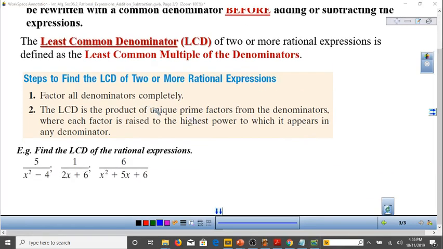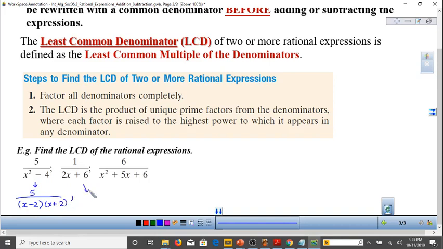To find the least common multiple of the denominators, we factor all the denominators, and then we find the products of the common factors. So let's see how we would do that. Before finding the LCD, we'll rewrite each expression in factored form. The first expression is 5 over x minus 2 times x plus 2.